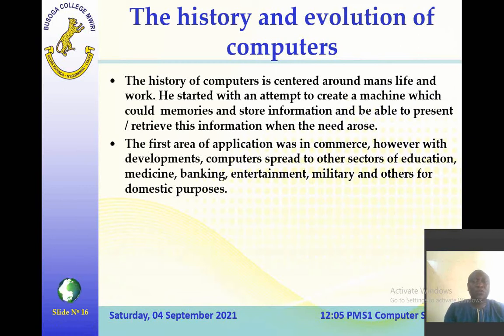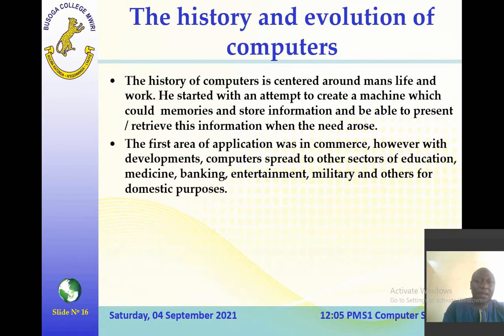We know that commerce is the study of buying and selling of goods. However, when the developments of computers came in, the spread moved to other sectors, say education. Today we have it in medicine, banking, entertainment, military, and even for domestic purposes.